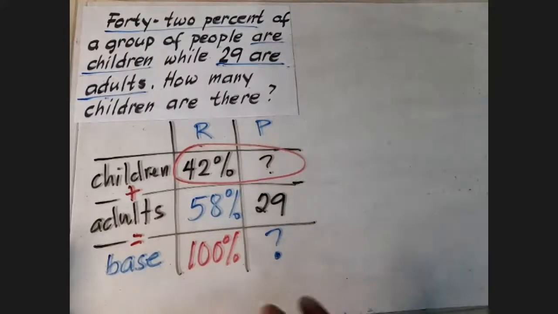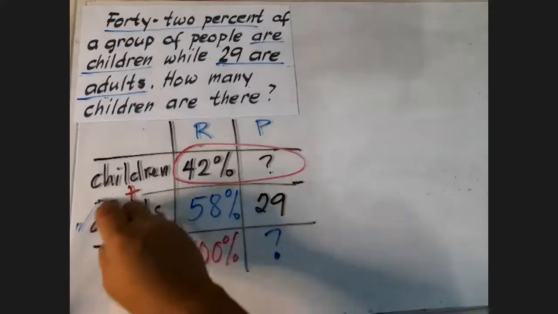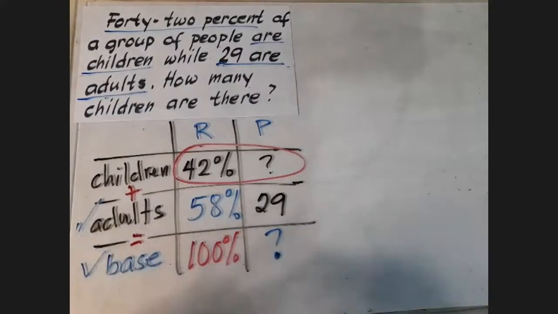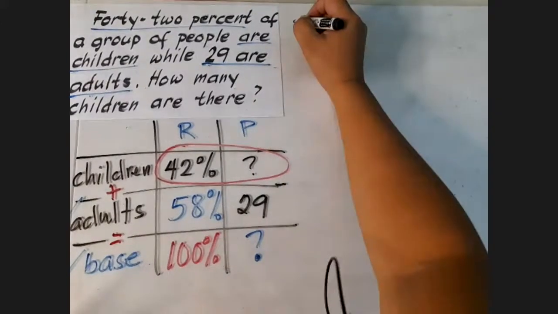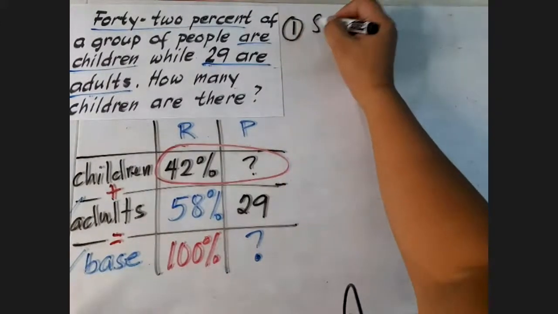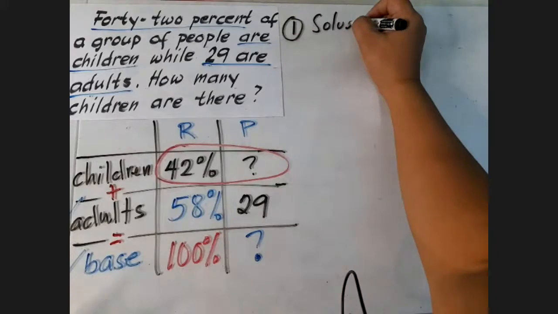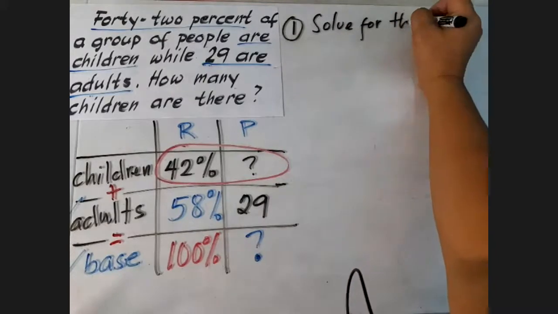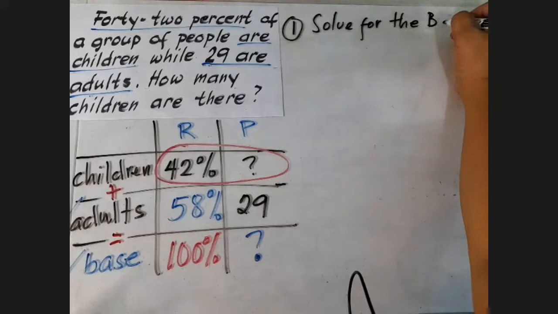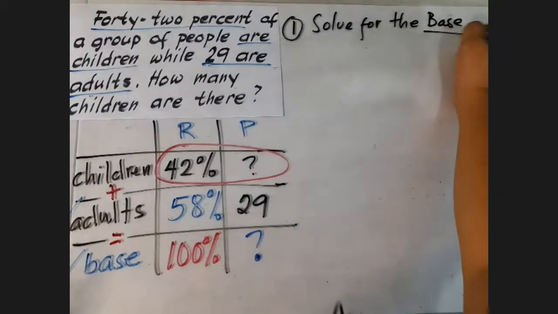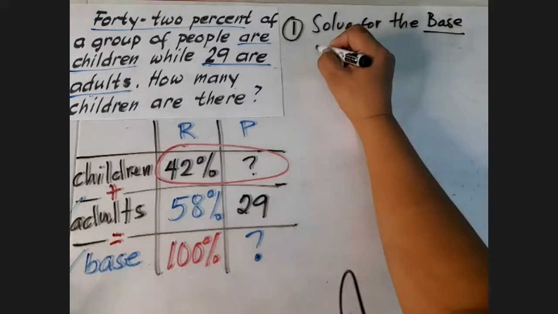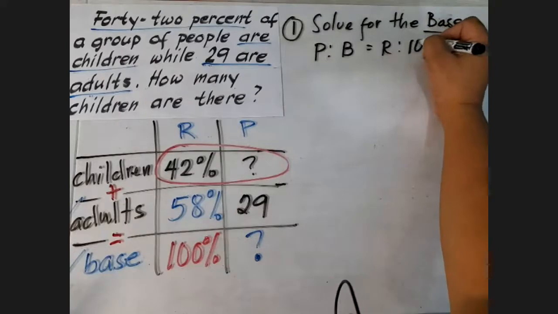So for the meantime, ang gagamitin muna natin ay yung para sa adults at saka yung base dun sa ating working equation. Our priority for now is to solve for the base. Okay, we solve for the base. And how do we do that? We use our working equation. P is to B equals R is to 100.